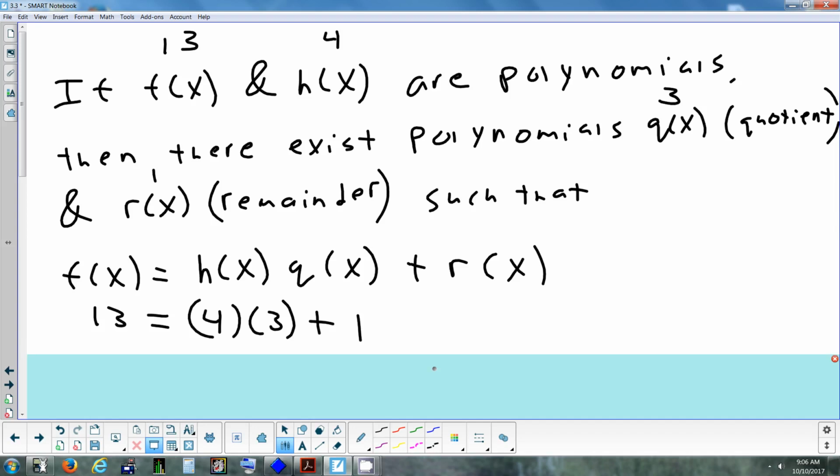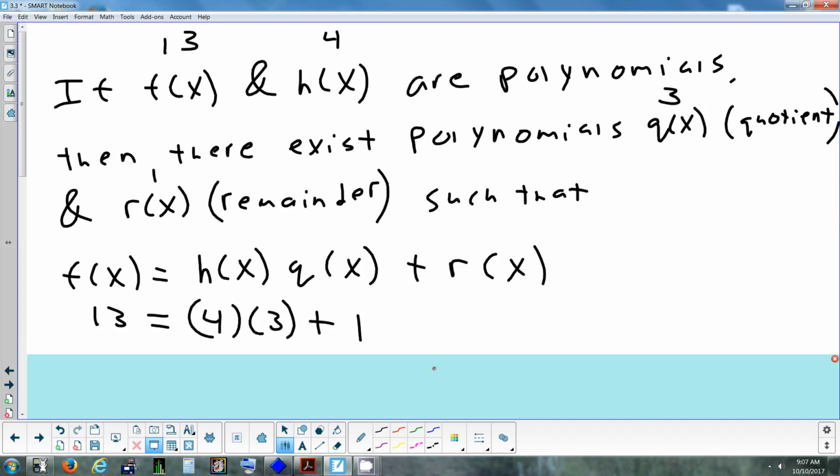Yeah. That's kind of another way you can check your answer. Like if you did a long division problem, that's how you would check it. Take your denominator, multiply by your quotient, add your remainder. If you get the original numerator, then you did it right. Okay. This would work exactly the same with polynomials.